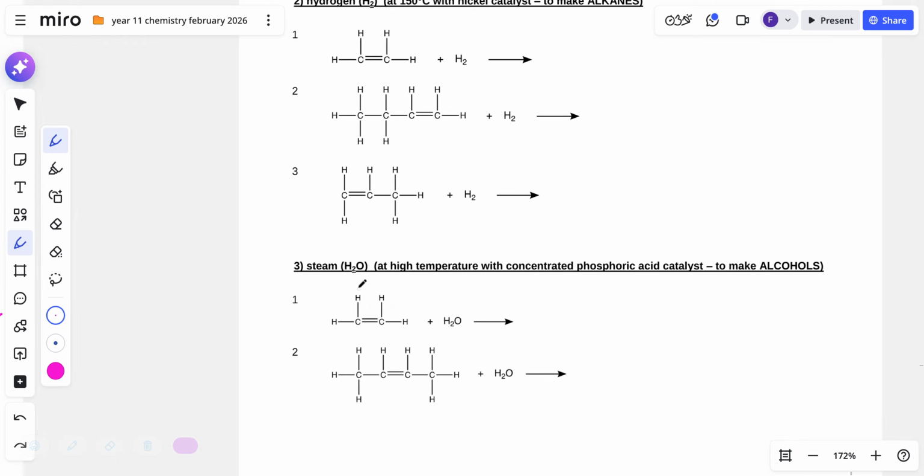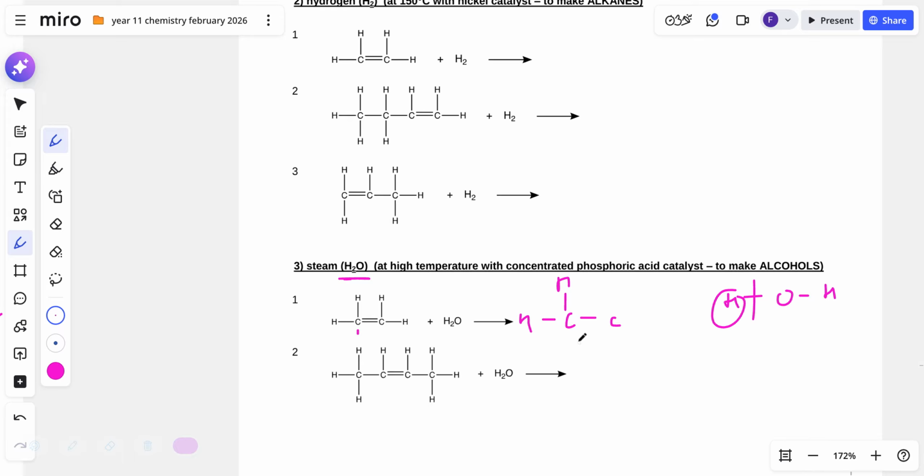This is the production of alcohols. The way I look at this is one way of looking at water. I'm going to break that. A hydrogen is going to go here, and the OH is going to go there, and we are going to get rid of that double bond. So what we end up with is that double bond disappearing, the water snapping.